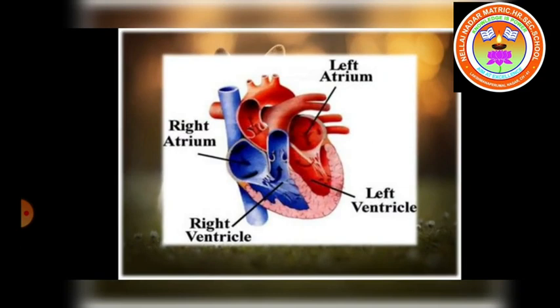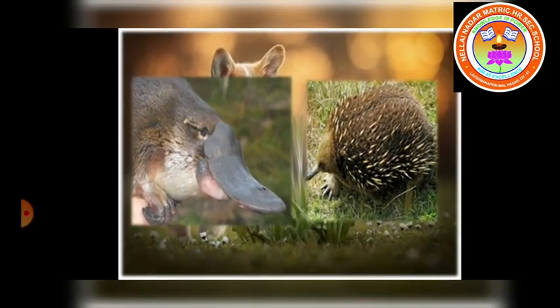They have lungs and the heart is provided with four chambers, that is two auricles and two ventricles. Except egg-laying mammals. Here in these two pictures you can see the egg-laying mammals. They lay eggs and they are under the group of mammals.